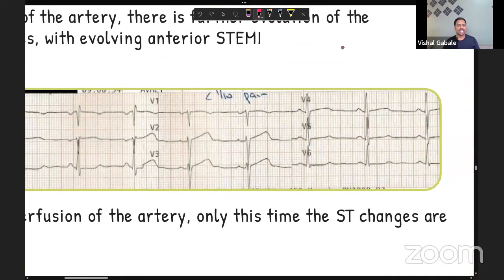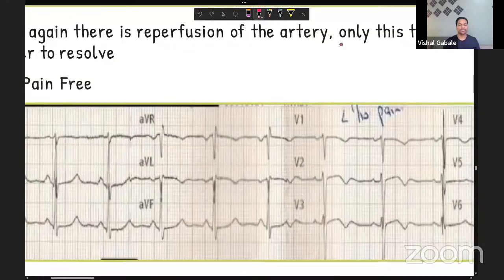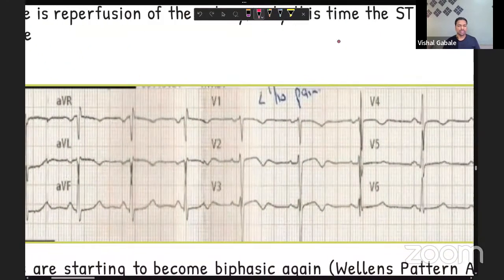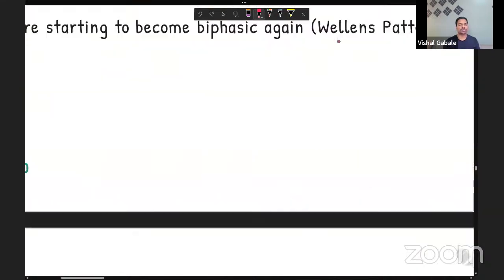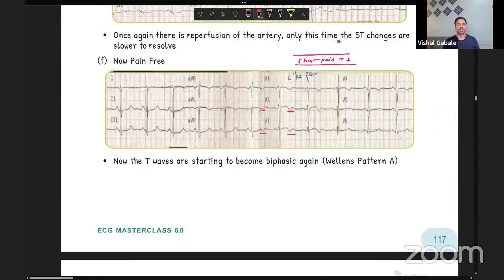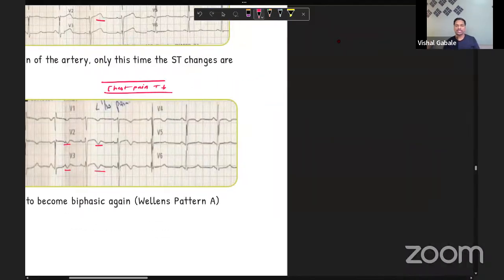You can see the ECG is getting back to the normal limit. And again, now that he is chest pain free, you can see T wave inversion has developed. So this is nothing but your chest pain free episode with T wave inversion. But again, if the patient has chest pain, what will happen? This T wave inversion, I will draw a diagram. T wave, QRS.